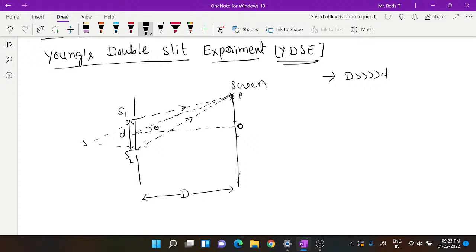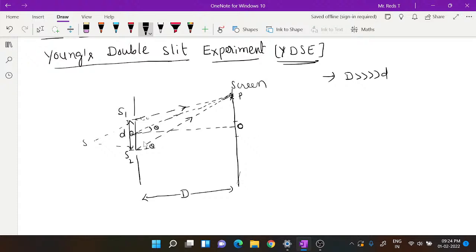These will be parallel to the reference line, so that this also makes the same angle theta with the horizontal. Now, it is clear that this wave reaches the point quickly because it is a little above, and the other is a little lower, so it takes a longer distance to travel.